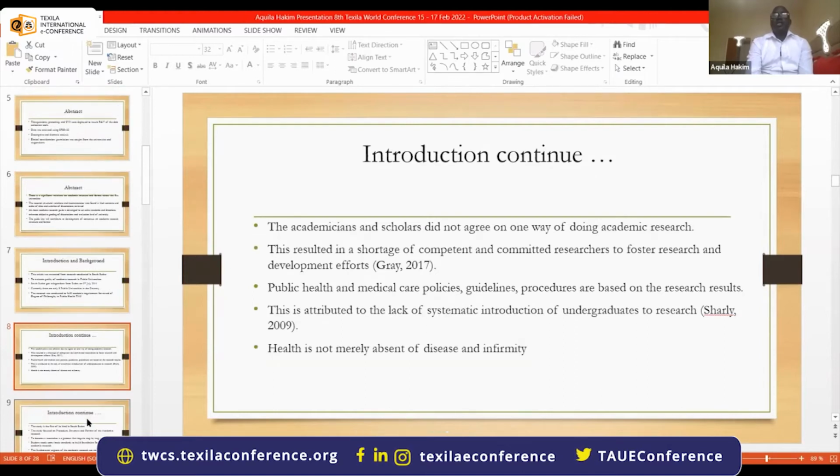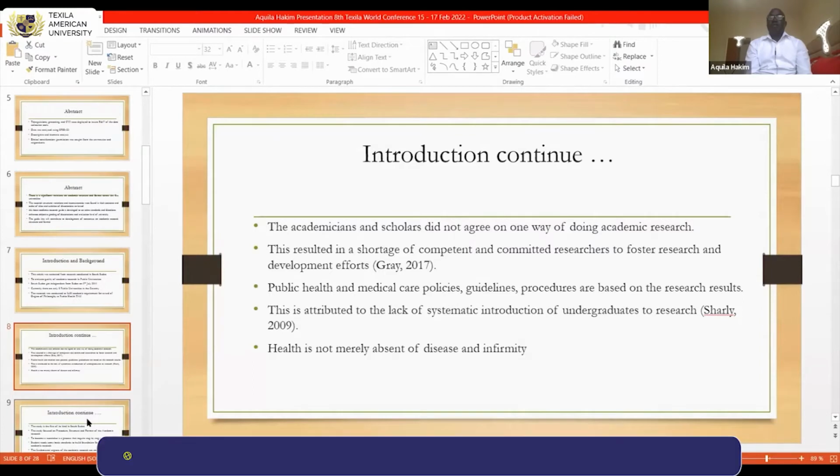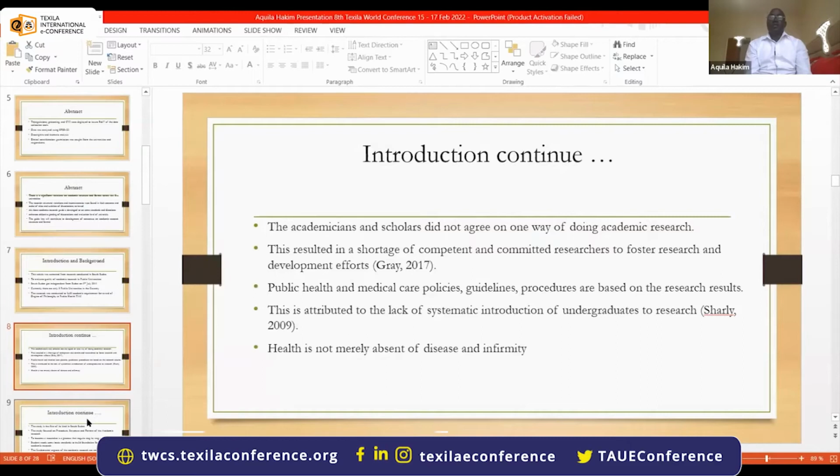The academicians and the scholars did not agree on one way of doing academic research. This resulted in a shortage of competent and committed researchers to foster research and development efforts. Public health and medical care policies, guidelines, and procedures are based on research results.